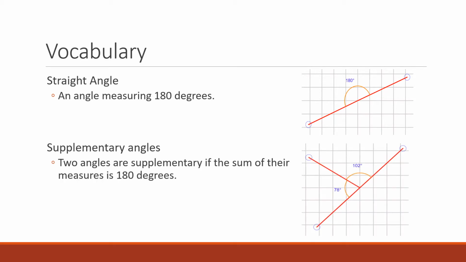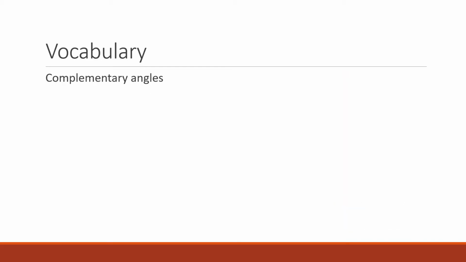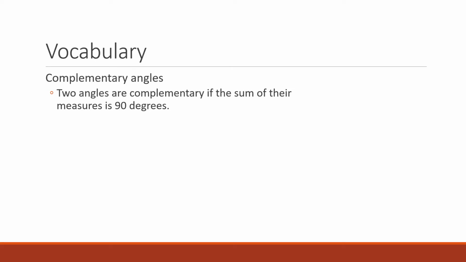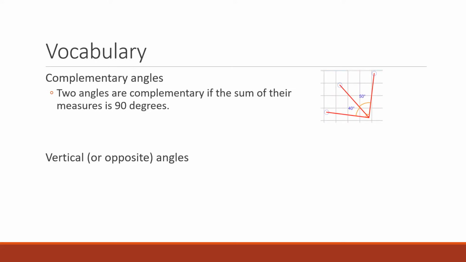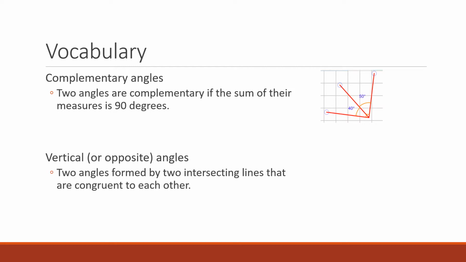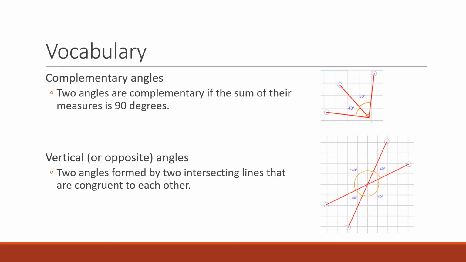So you start with a straight line and it would divide into two angles and they add up to 180 degrees, as you see in this picture. Complementary angles are two angles that add up to 90 degrees, whereas the vertical angle, or sometimes called the opposite angle, are two angles formed by intersecting lines that are congruent.